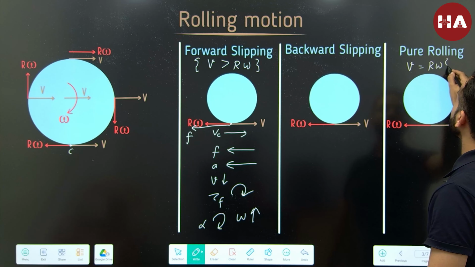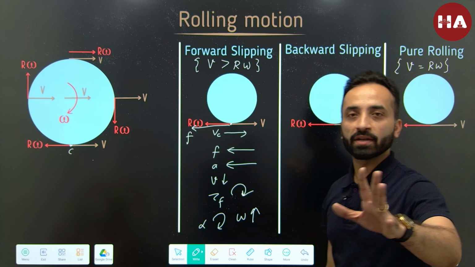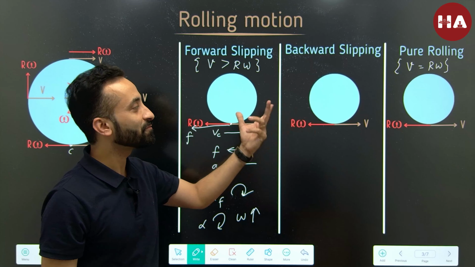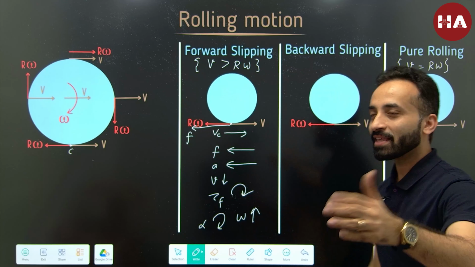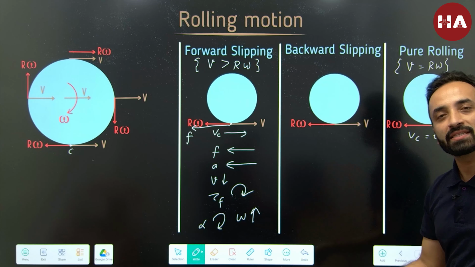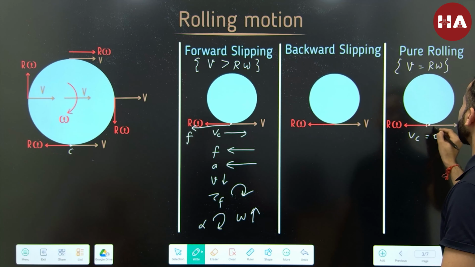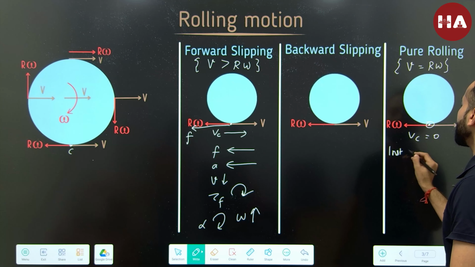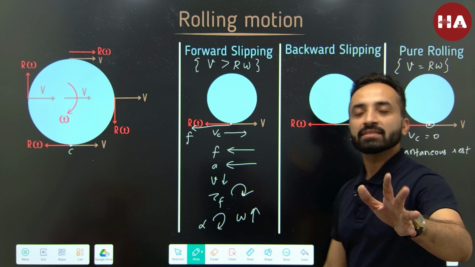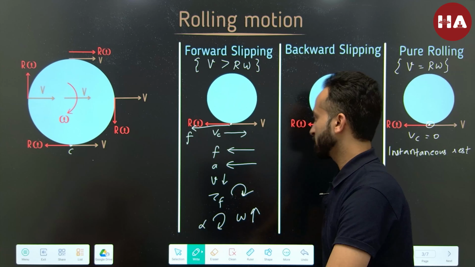If V is equal to R omega, the net velocity of C would be 0. So this point will always be at instantaneous rest.